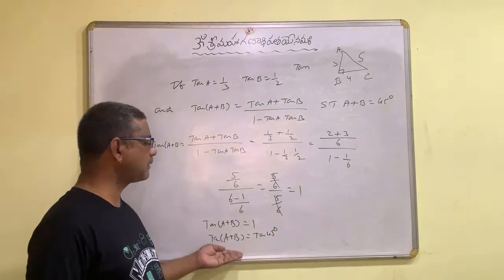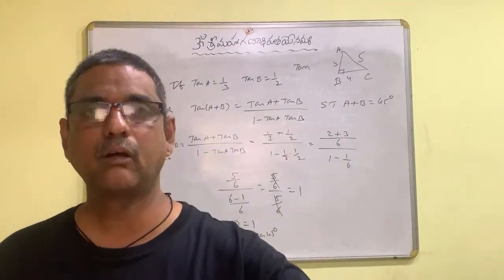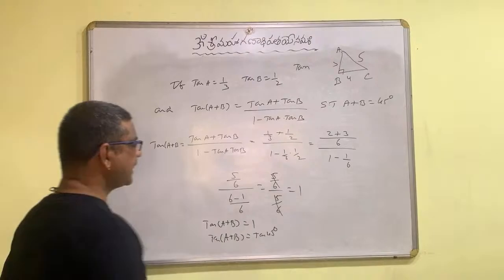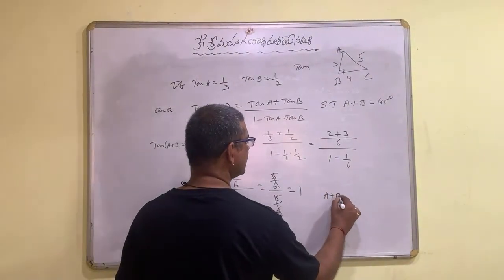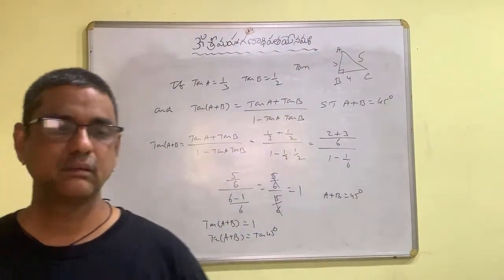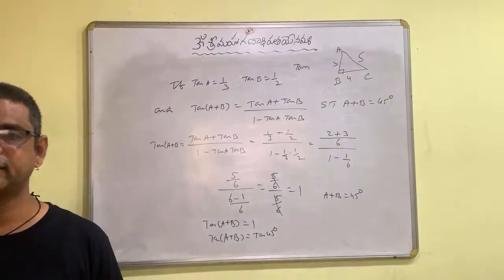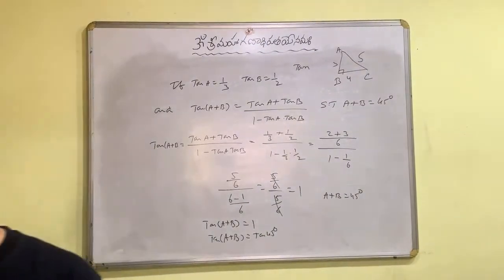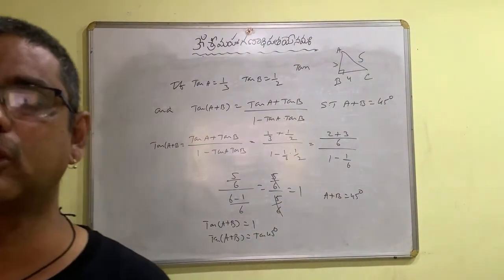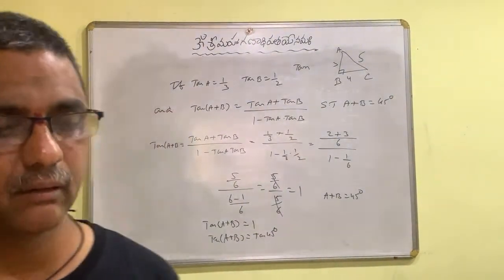So tan of A plus B is tan of 45, since 1 is tan of 45. So then A plus B is 45 degrees. We need to see the same ratio on both sides. Then A plus B is 45 degrees.